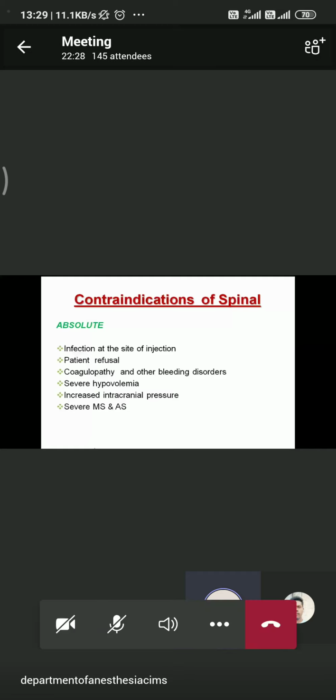It is a contraindication for spinal anesthesia. Second, if the patient refuses and doesn't want spinal anesthesia, then you can't give it. Third is coagulopathy and other bleeding disorders. There are lots of chances of the formation of a spinal hematoma resulting in spinal cord compression.